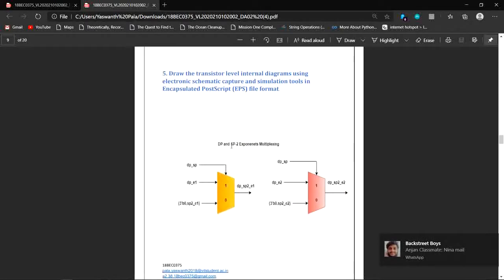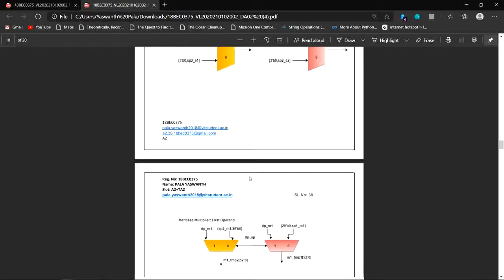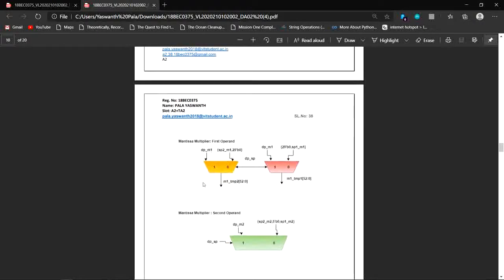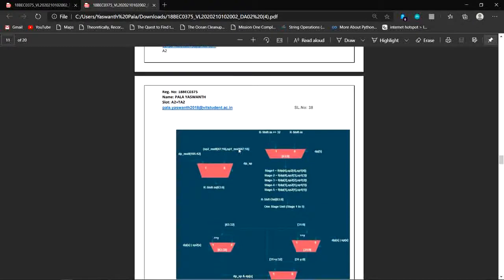The fifth question was to draw the transistor level internal diagrams using electronic schematic capture and simulation tools in encapsulated PostScript EPS file format. The transistor level diagrams cover every single component that is a part of the architecture and necessary to operate the whole system. The DP and SP, double precision and single precision, exponent and multiplexing components are clearly shown here. The mantissa multiplier for the first operand and the multiplier for the second operand are clear.